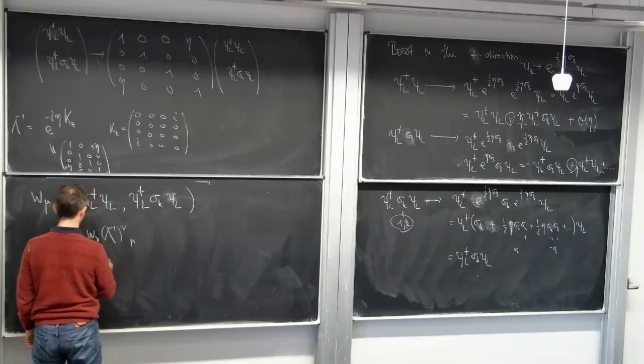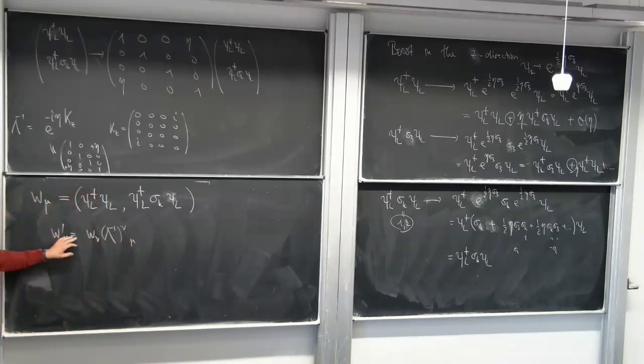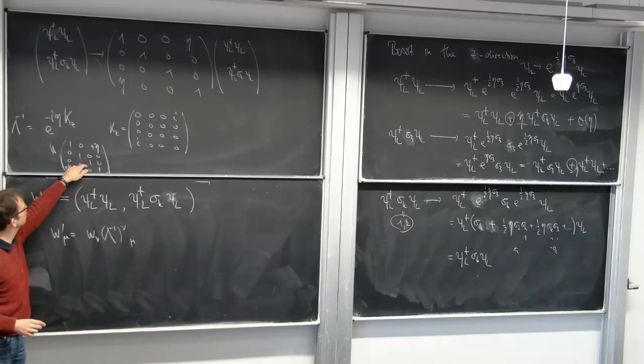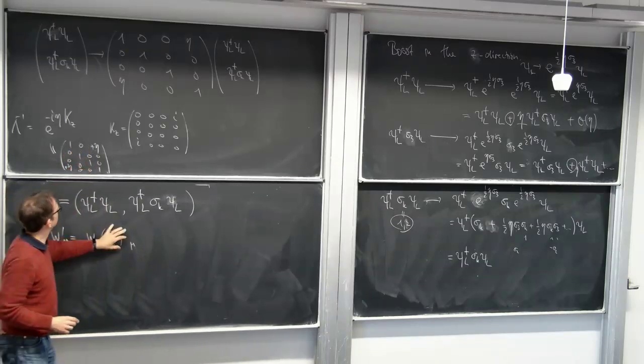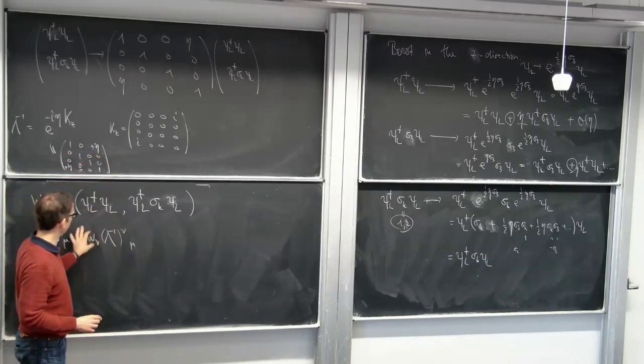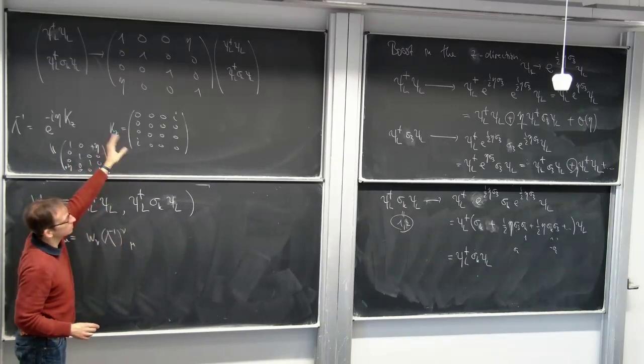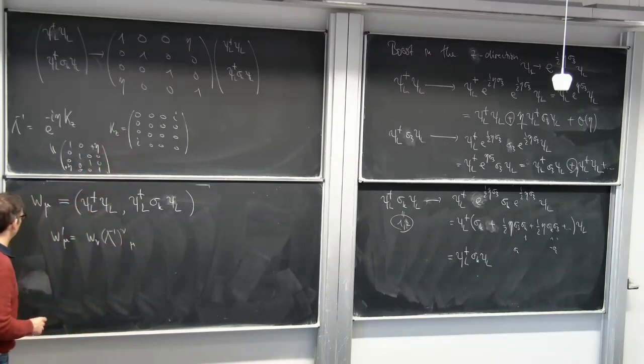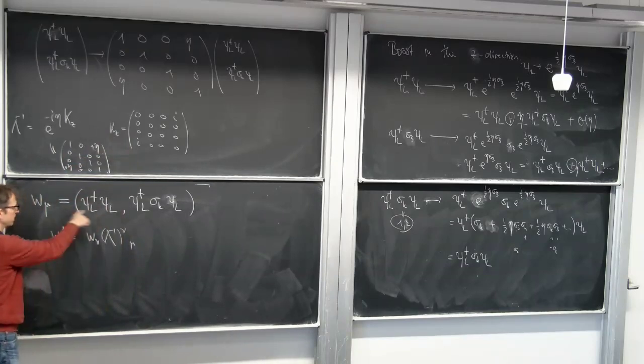If you have something downstairs, that's exactly what we see here. This has now moved to the right because it can, and this could. This is matrix multiplication.